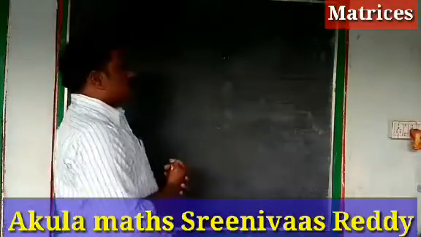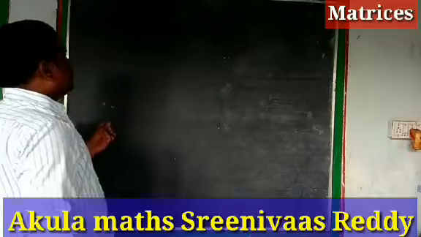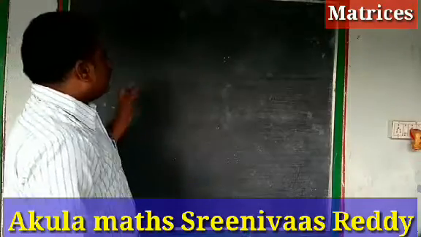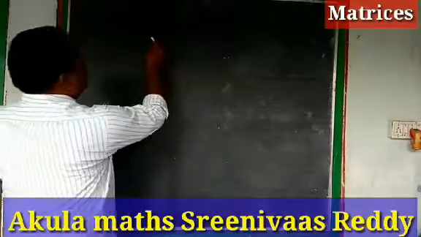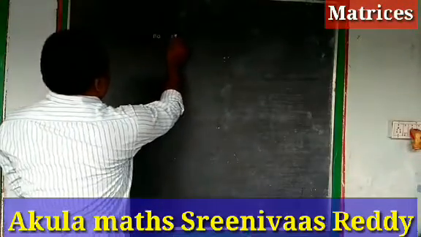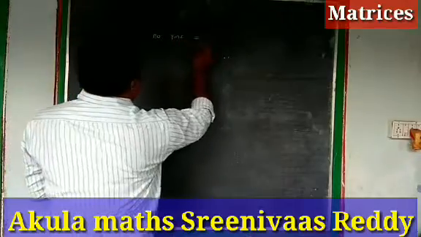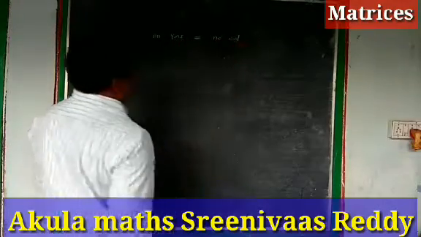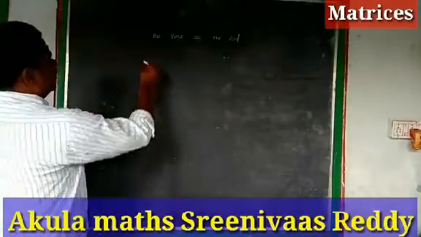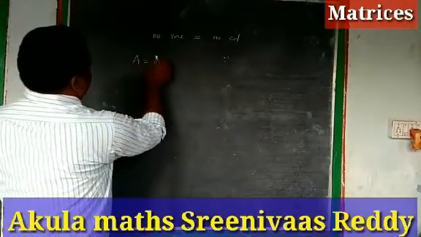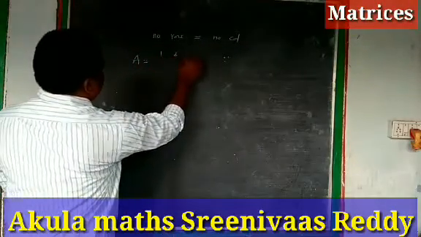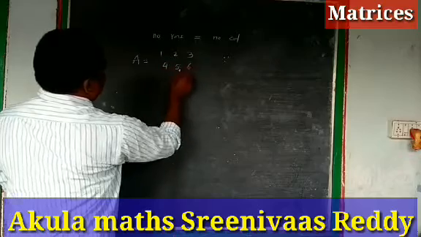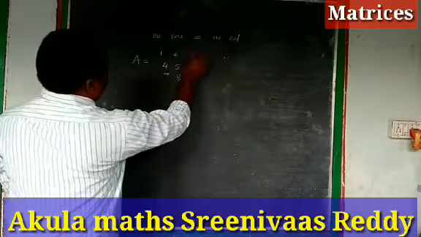Next, types of matrix. First one, square matrix. A matrix A is said to be a square matrix if the number of rows in A is equal to the number of columns in A. We may take one example. A is equal to 1, 2, 3, 4, 5, 6, 7, 8, 9.